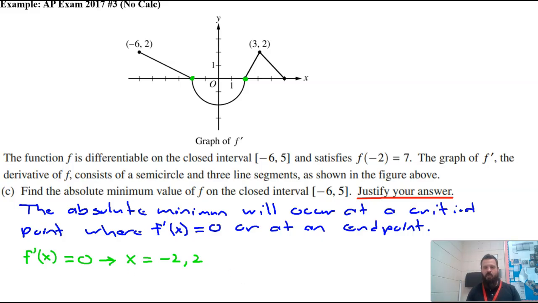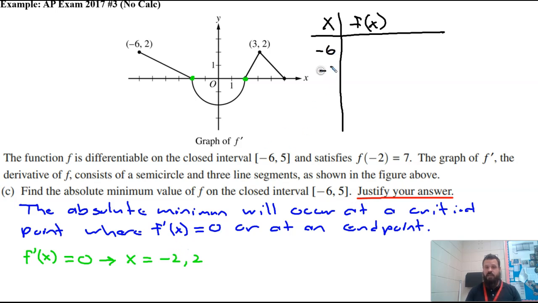And then from there we'll do our candidates test. We're going to look at x and f of x values, and we need to consider the first endpoint, -6, our 2 critical points, -2 and 2, and then our last endpoint, 5.